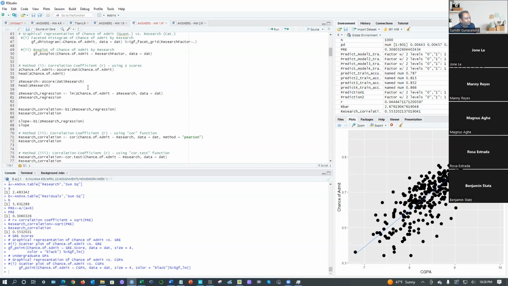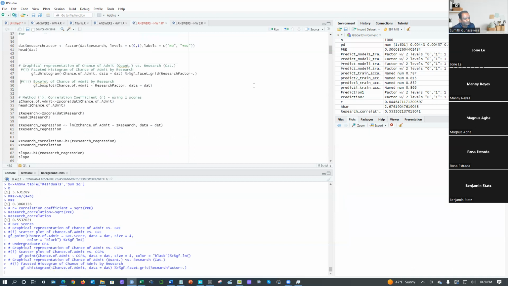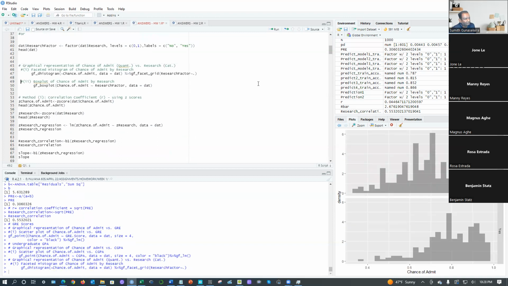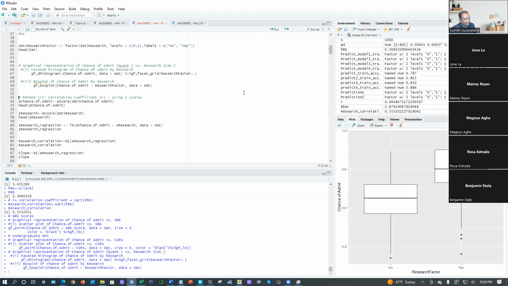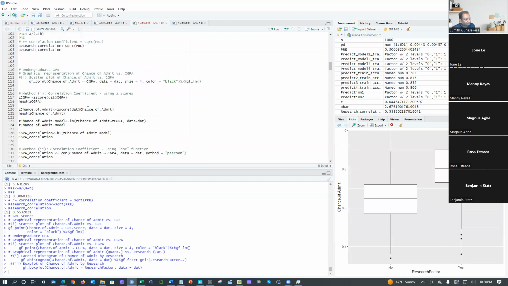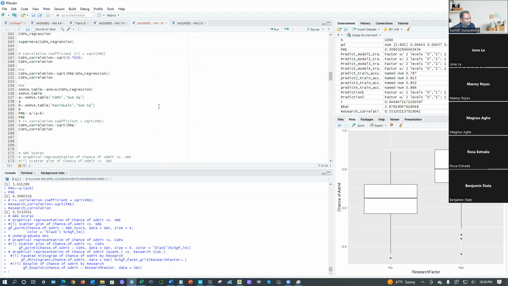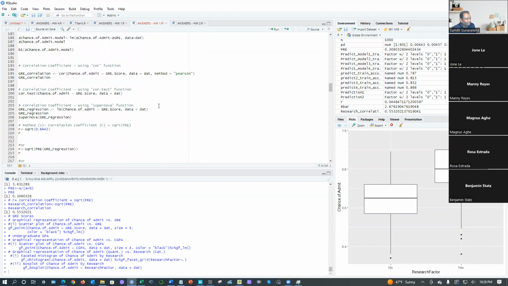So here you read the faceted histogram when you have categorical data for X. But you do the scatter plot when both X and Y are quantitative. So GRE we did that one.